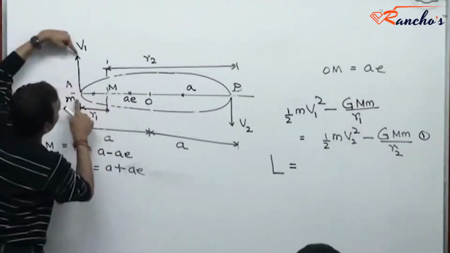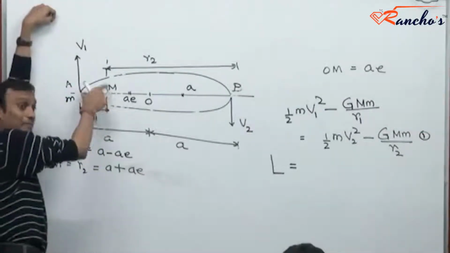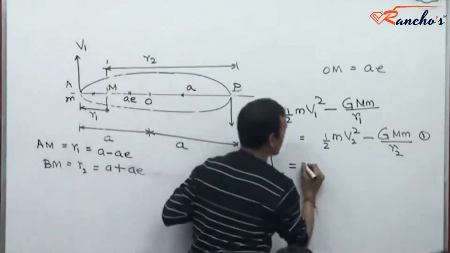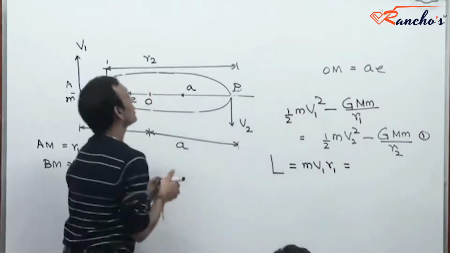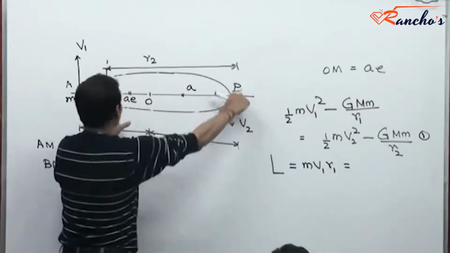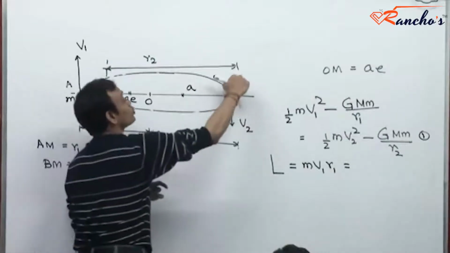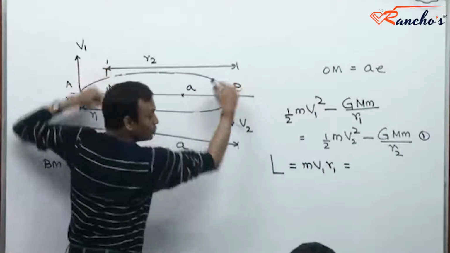So small m v1 into r1 is the angular momentum about capital M at A. And which in turn must be the angular momentum at B about M, which is going to be m v2 into r2.